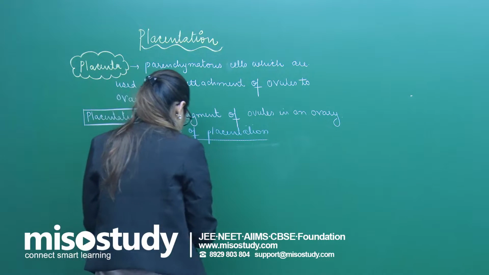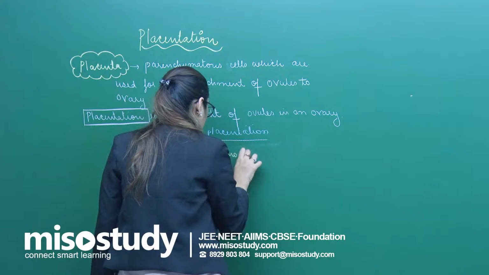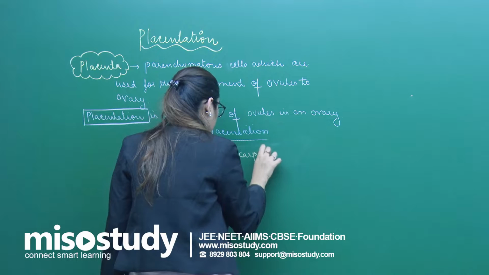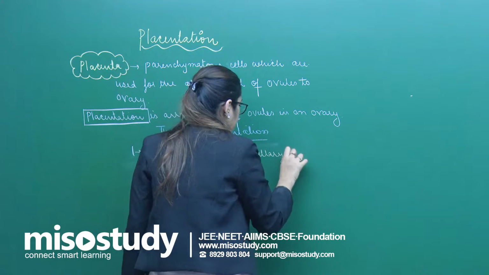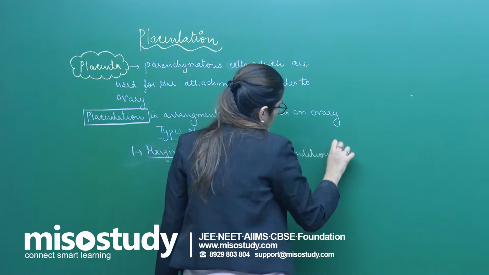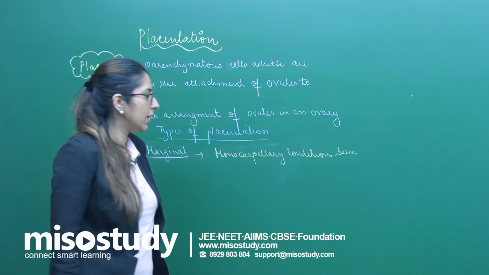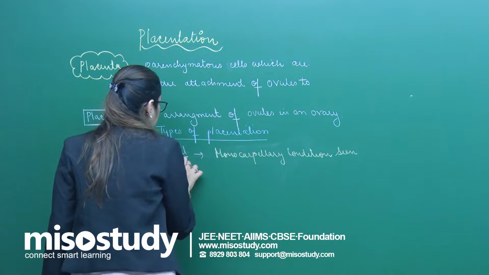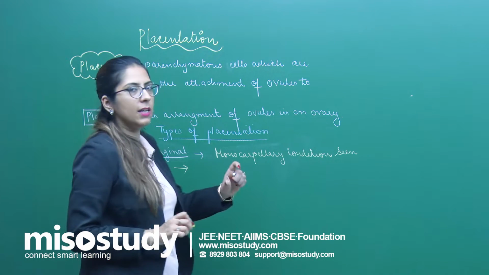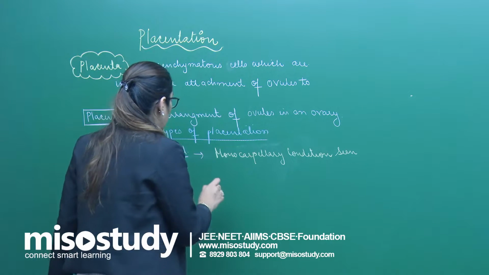So, in this case, monocarpellary condition is seen, and also in this case you can see that a single ovule is present which will give rise to a single locule.